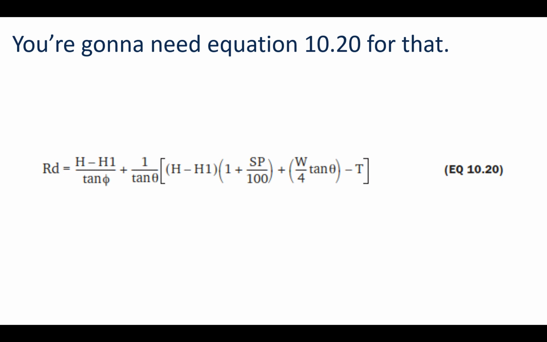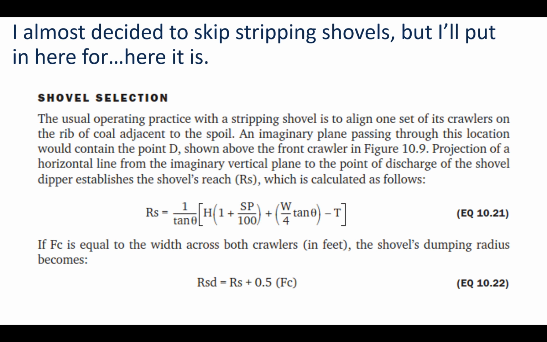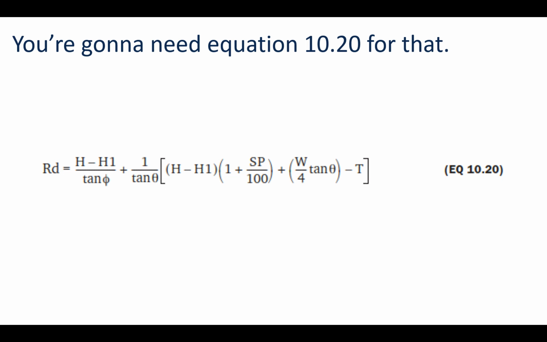All the other parameters are the same. We still have our swell in here, the various heights, and this gives you the R sub D for that. And then you could get the R sub DD, the swing radius, by adding on 0.75 times the tub once again.